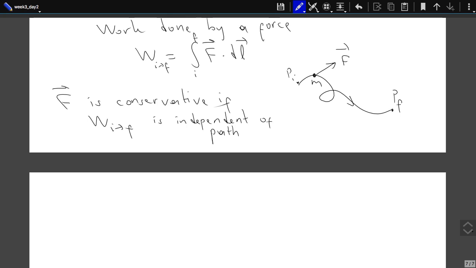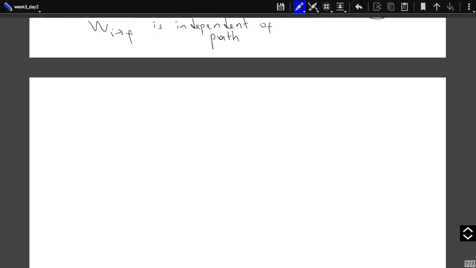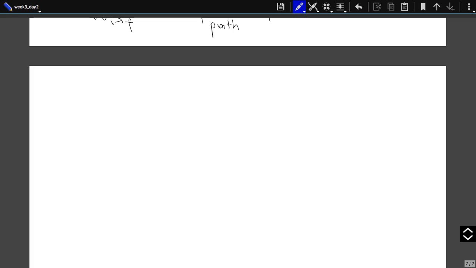Based on those things you can actually prove that Newton's gravitational law is a conservative law. But the same is true for the electrostatic force, the Coulomb law. Coulomb law is always radially outward, and it only depends on the radial distance. It's a conservative force.